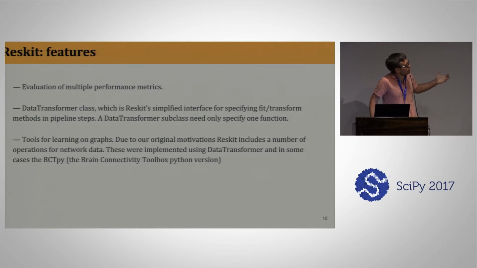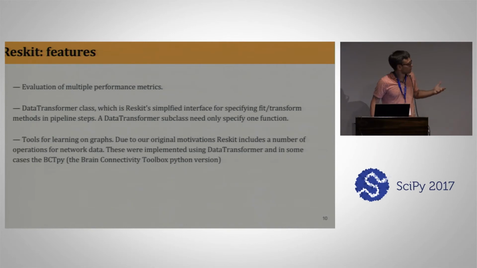Also, we created a transformer class, which allows you to create your own data transformers. It's pretty simple, just a wrapper of transformer mixin, and you just need to provide a function to which you feed data, and it outputs transformed data, and you can chain these data transformers in pipelines.